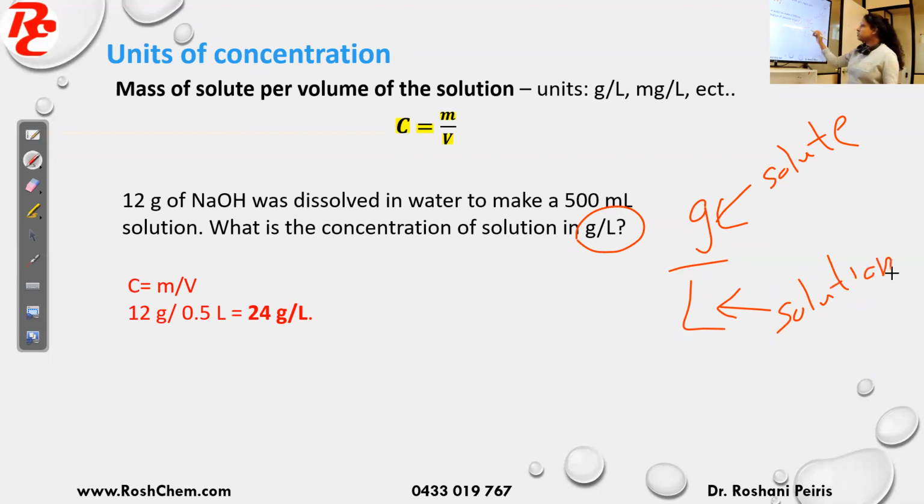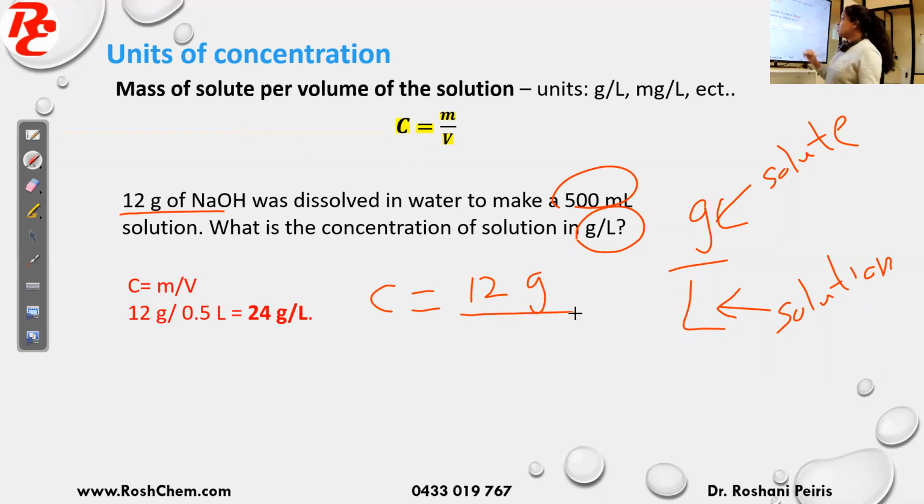Okay, so now according to the question, you can see you have 12 grams of sodium hydroxide dissolved in 500 ml. So concentration equals to then grams of solute, it's 12 grams. But always on top, it is the solute, right? Mass of the solute here, divided by the volume of the solution, but it's grams per liter. So I should convert the mLs to liters. So I divide by 1000.